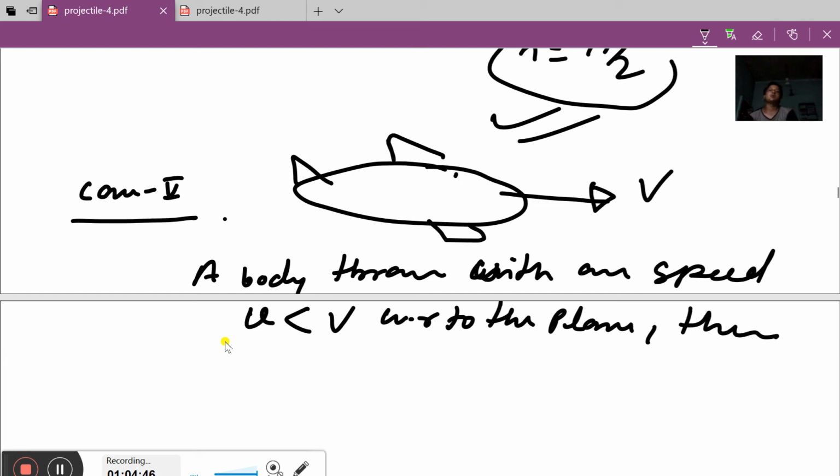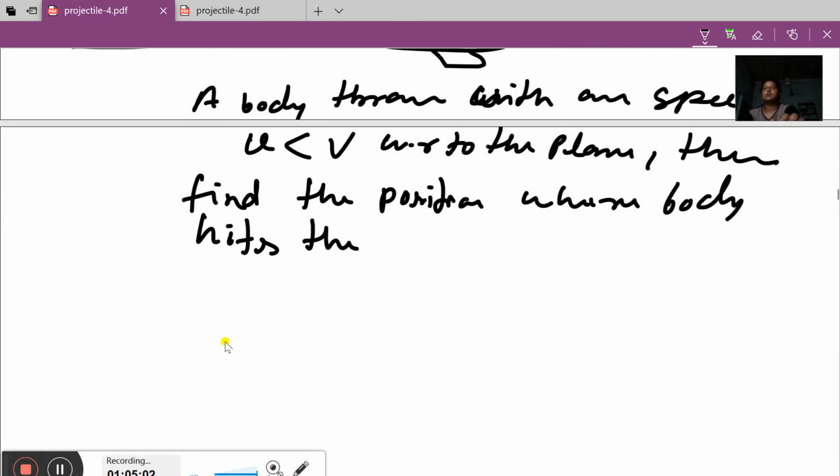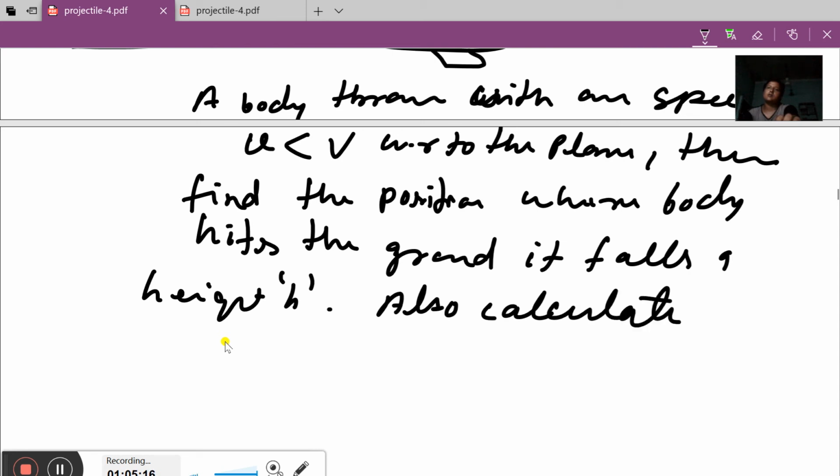Then find the position where the body hits the ground if it falls a height h. Also calculate the time of flight.